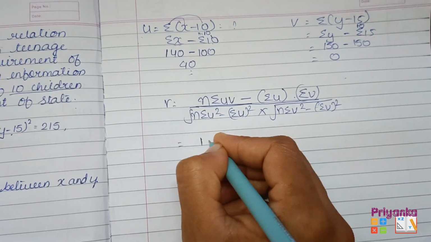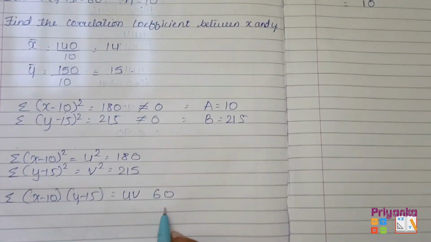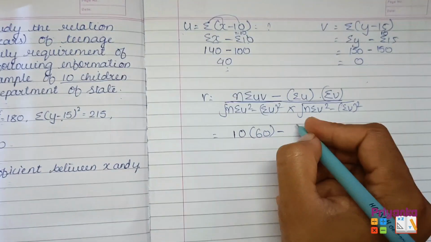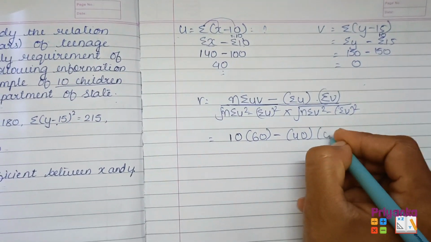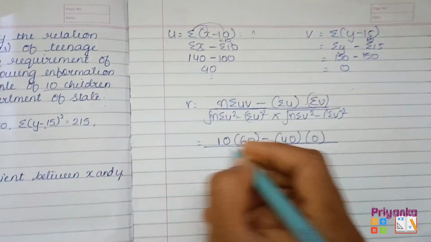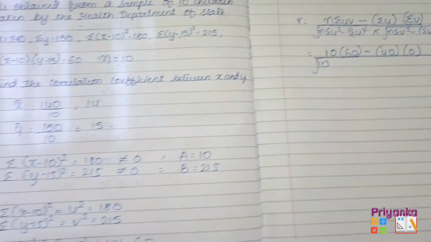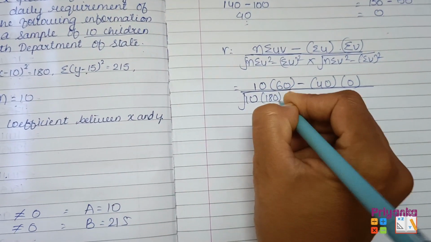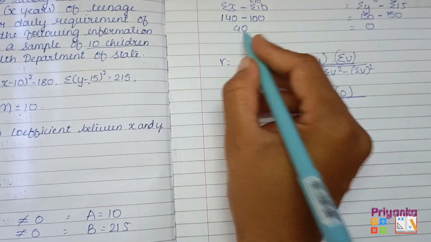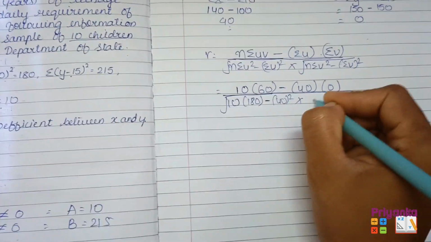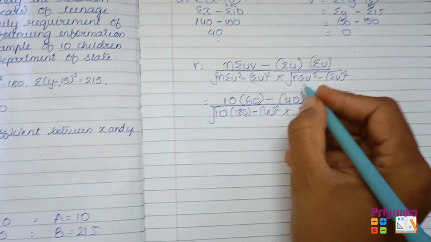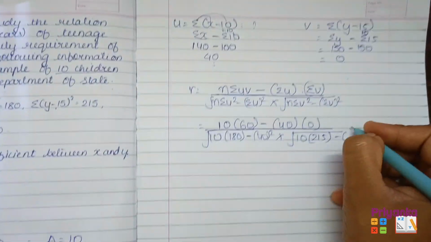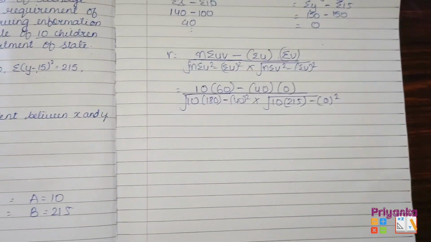So here we get n as 10, sigma uv, that is 60, sigma u just now we found, that is 40, sigma v, that is 0, under root 10, sigma u square over here is 180 minus sigma u whole square, that is 40 whole square, multiplication, and again 10 sigma v square, that is 215 minus sigma v whole square, that is 0 whole square.